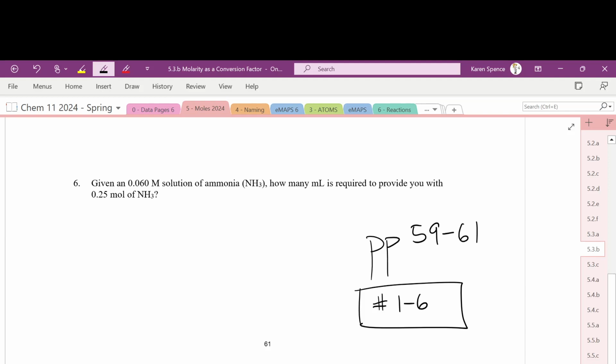If you've not done any of 5.2F, I suggest you do some of that in preparation for tomorrow's quiz. The whole thing would be better.